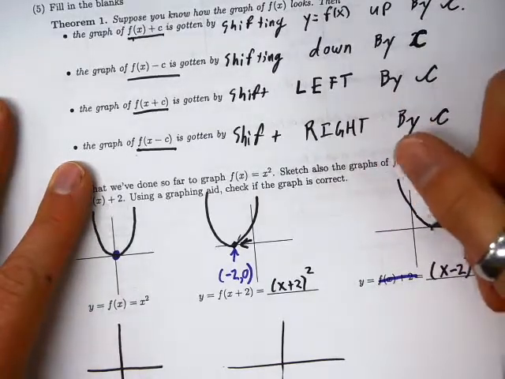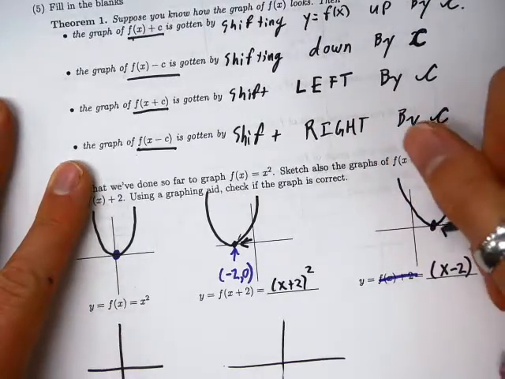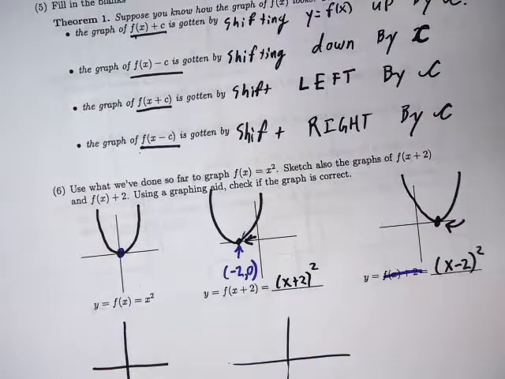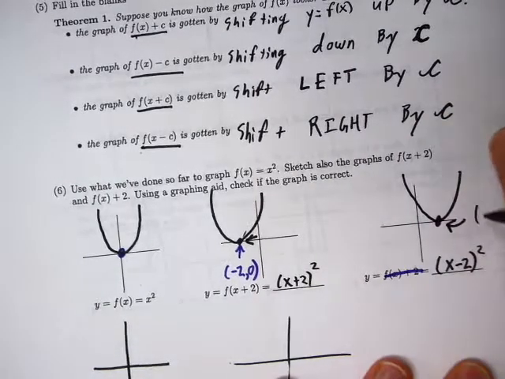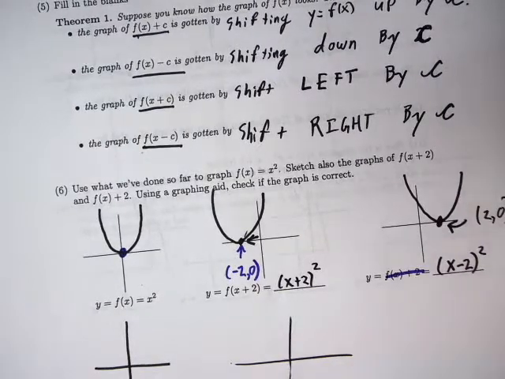And so let's see, where will the x-intercept of that be? 2, 0. And let's just do the same quick sanity check. If I plug x equals 2 into that function, do I actually get 0? Yeah.